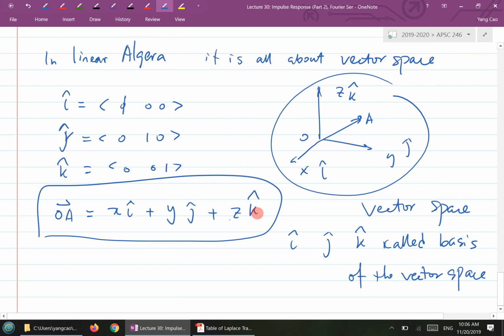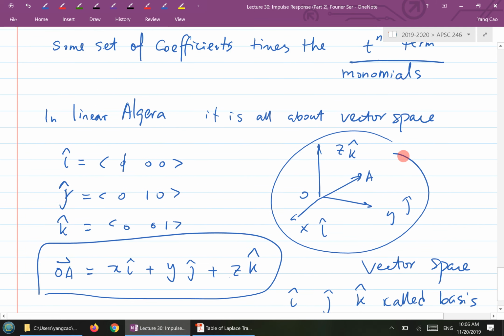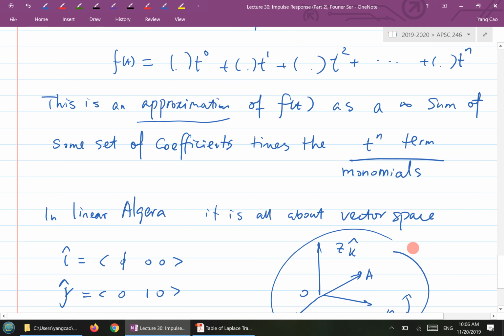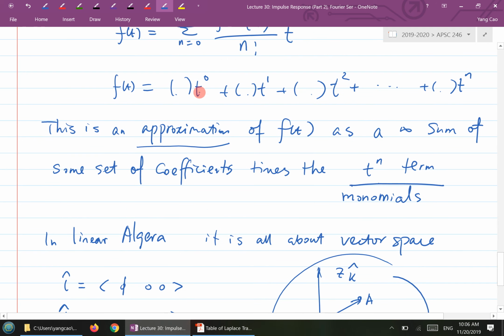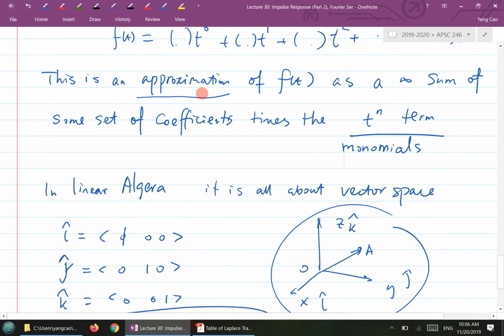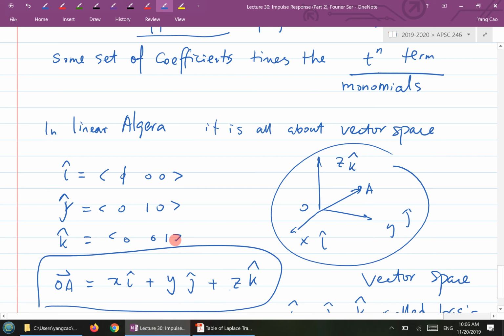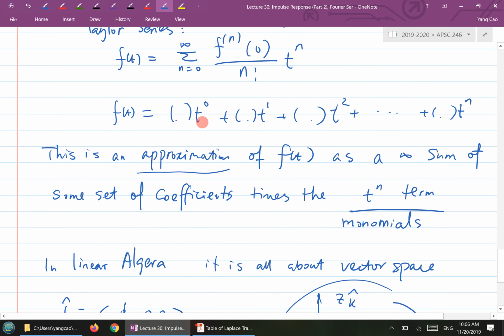Right? Yeah. So I want you to change your perspective a little bit here. This is a vector, that's fine. This is not a vector, but I can consider this T0, T1, T2, Tn the same as basis. I can consider this as a basis, basis, basis, basis.